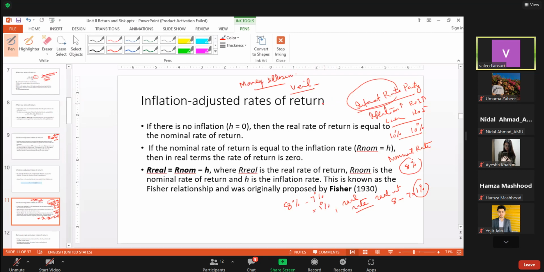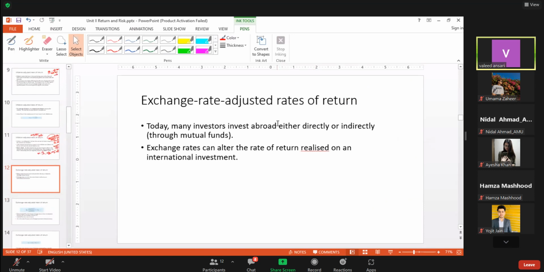For example, if you come across a 14% return, do not look at it without asking what the real return is. Government announces dearness allowance, people think that our income has gone up, but it is just a compensation, it is a kind of money illusion. So this is not the complete story about the return.